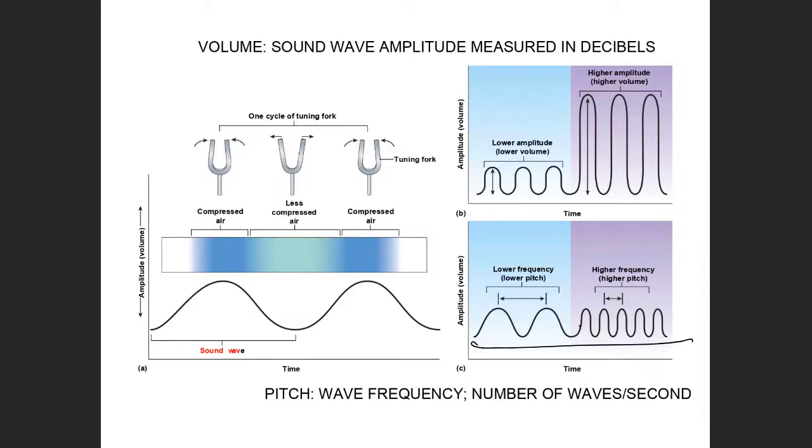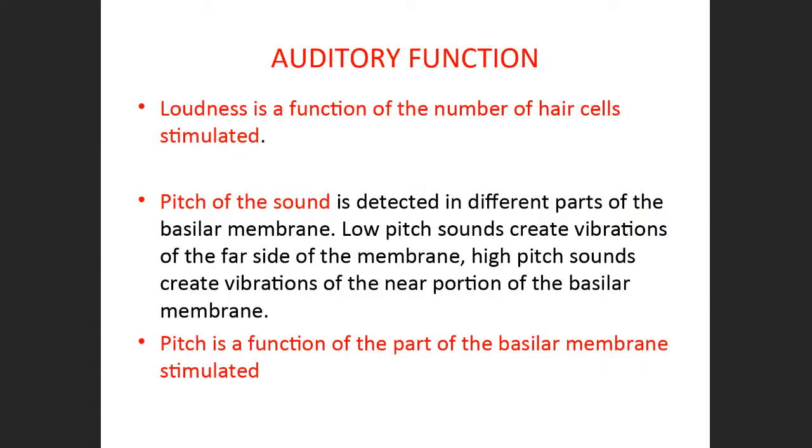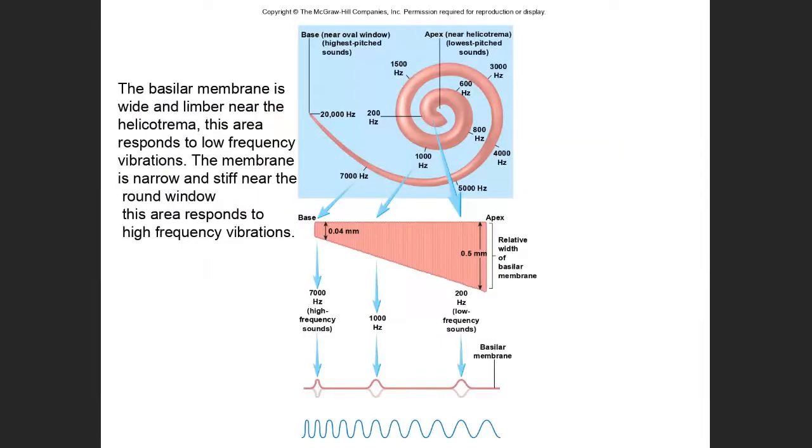When the waves are closer together, you have a higher pitch than waves farther apart. The pitch of the sound has to do with where in the cochlea hair cells are activated. So where in the basilar membrane, what part of the basilar membrane is stimulated? Ultimately, it's the basilar membrane.